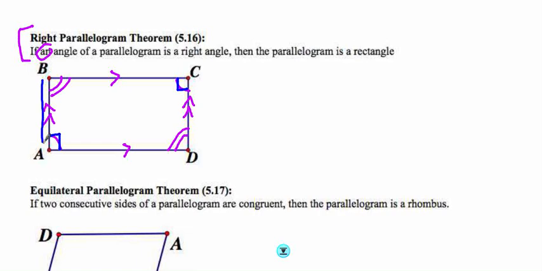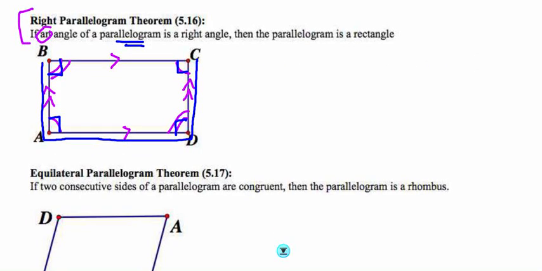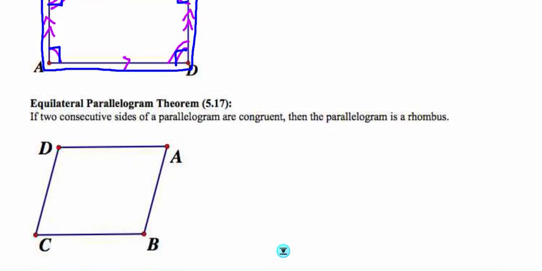And then we could use the fact that same side interior angles between parallel lines are supplementary. This would allow us to conclude angle D was 90 and in turn angle B. And so this explains why if a single angle of a parallelogram, not a quadrilateral, a parallelogram is a right angle, then we have a rectangle.